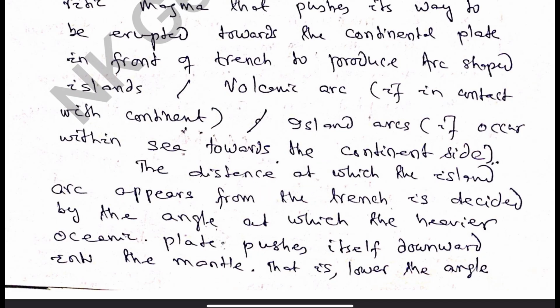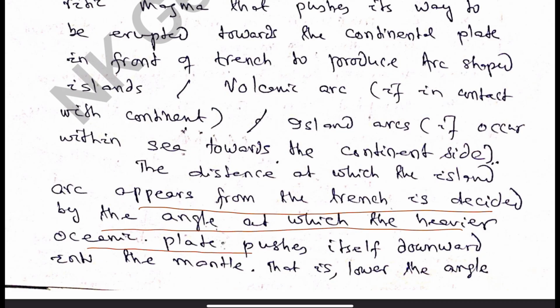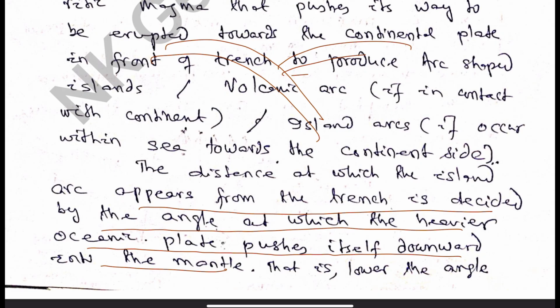The distance at which this island arc appears from the trench is decided by the angle at which the heavier oceanic plate pushes itself downward into the mantle. If the bending is in this manner, the magmatism will be here.